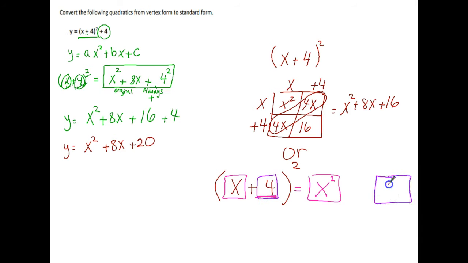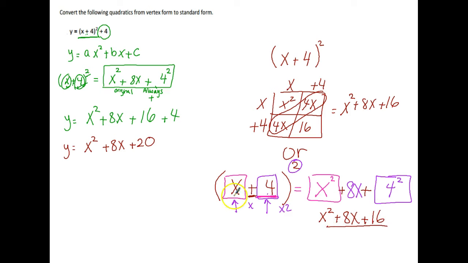And then you multiply the first times the second times 2. So x times 4 is 4x times 2 is 8x. Okay, and then the signs, this is always a plus. The original sign goes here. So you'll have x squared plus 8x plus 16.